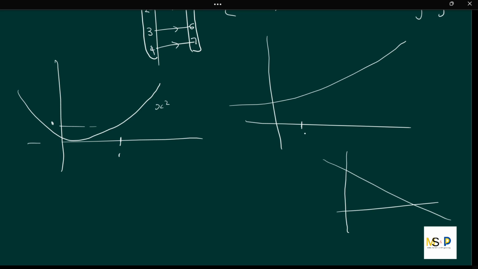So exactly one element here, let me say 2, will be mapped to exactly one element here, let me say 4, by some relationship. So if something does not follow that rule, whereby one element is mapped to one other element.